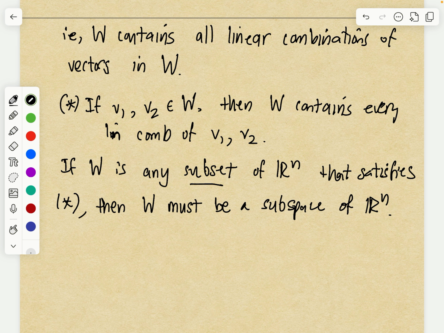So the point I'm trying to make is that we can also define a subspace to be any set that satisfies this property, star.